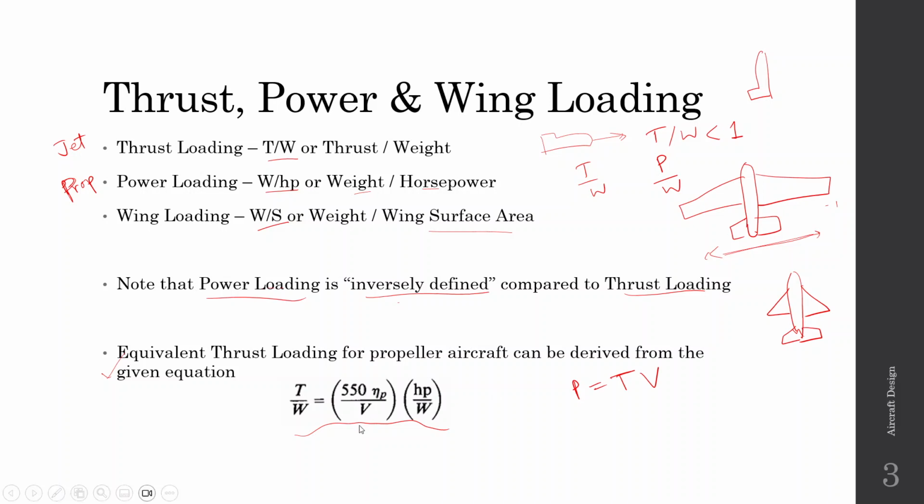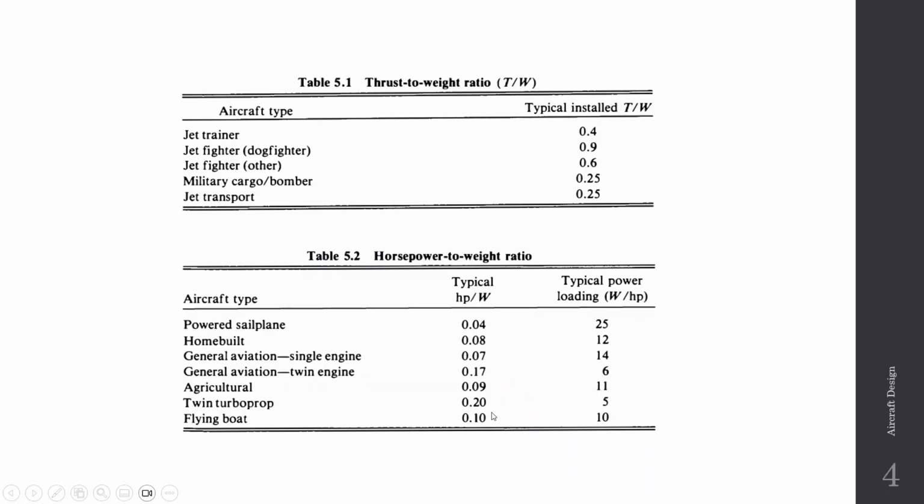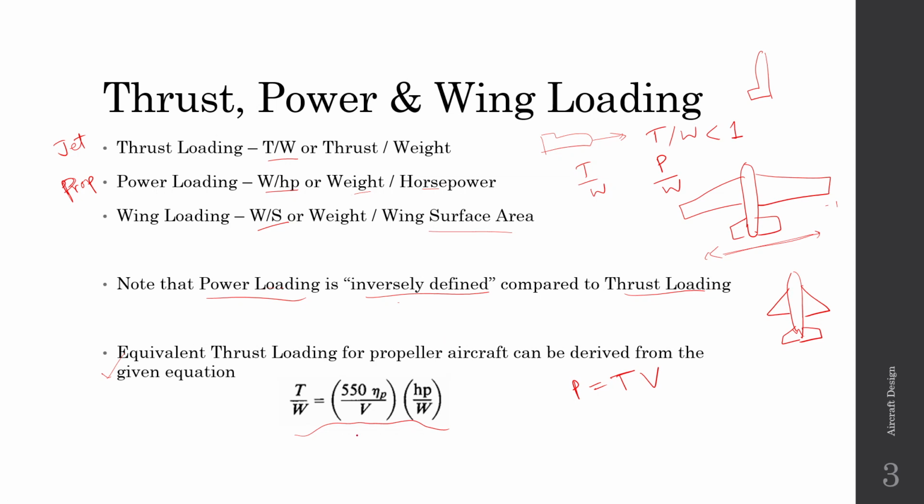So for a propeller aircraft, the equivalent thrust loading will change with the flight velocity, and then you divide it by hp by weight, which is the inverse of the power loading. So the equivalent thrust loading is 550 eta p v into 1 by power loading.